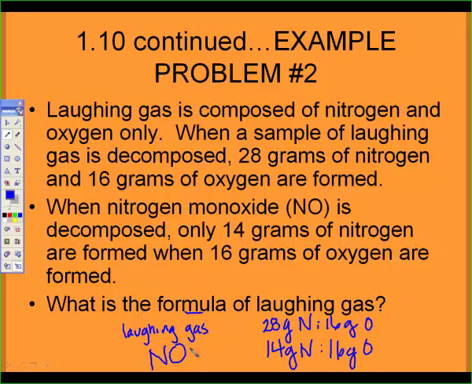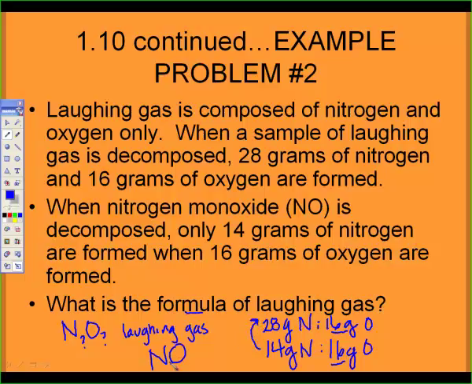We don't have a formula for laughing gas, but we know it has N and it has O in it. We just don't know what those two things are. So remember, find what's the same. In this case, mass of oxygen does not change. The ratio of nitrogen to oxygen does change. Where we had 14 for 16, here we have 28 for 16.